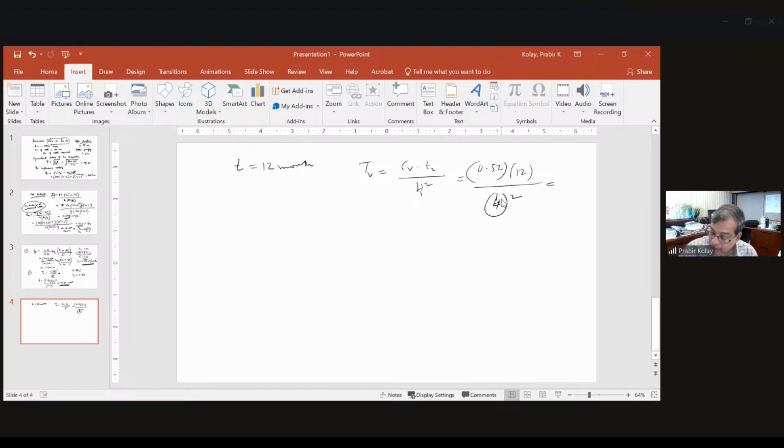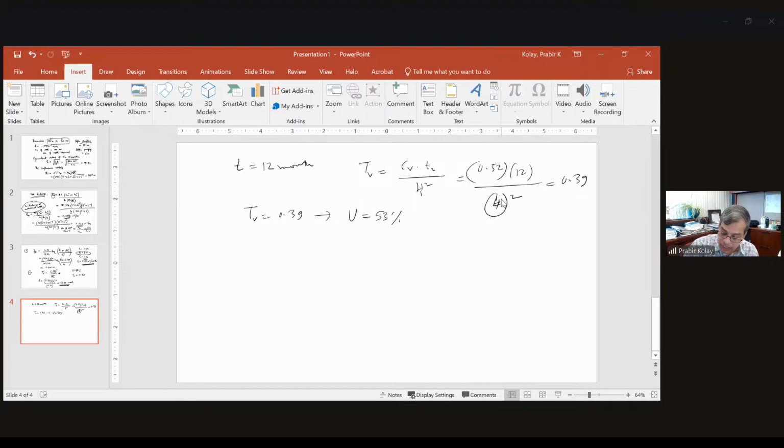And then you will get around 0.39, right? So for TV equal to 0.39, you can calculate the value of U from the table, and it will be around 53%.